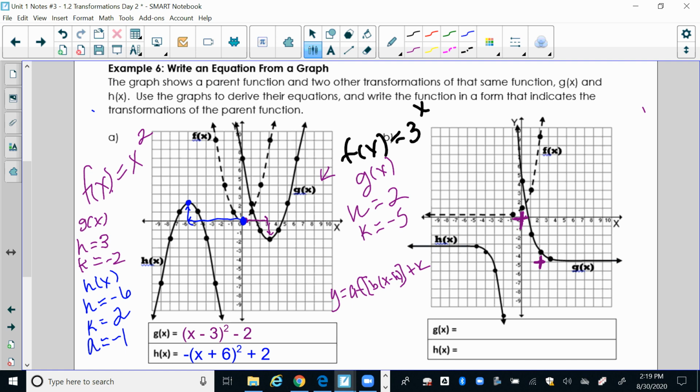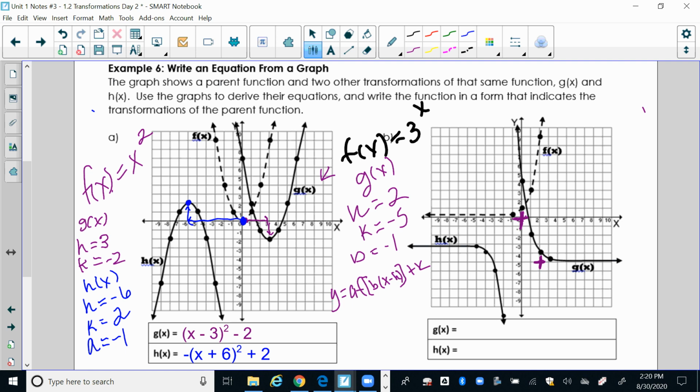And now we need to look at reflections and stretches and shrinks. Taking a look at our graph, there is definitely a reflection over the y-axis, which means that our b value is going to be -1. And now looking at the change in points from coordinate to coordinate, all of that seems to be good. We still have that same change from point to point, so no vertical or horizontal stretch or compression.